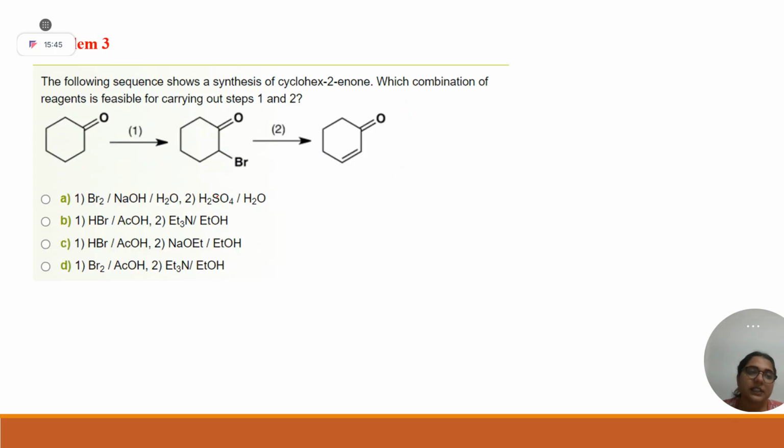Okay, problem number 3 says the following sequence shows a synthesis of cyclohexenone, okay? Which combination of reagents is feasible for carrying out step 1 and step 2? Think about it, students.